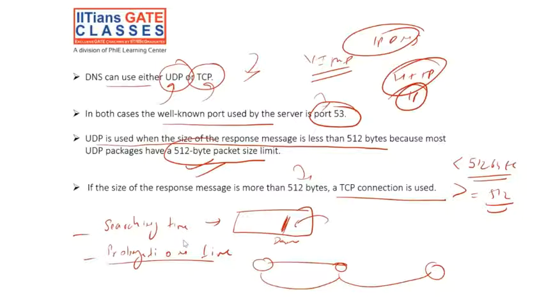Your searching time can be reduced if we use DNS servers in hierarchical form, right? And propagation time can be reduced by placing servers at different geographical areas. Let's say right now the DNS server is in the US and you are in India, a long distance. If you keep a DNS server in India itself, then your propagation time will be reduced.